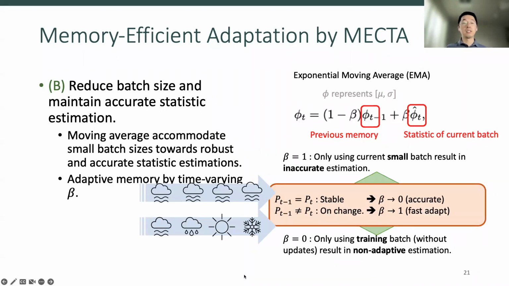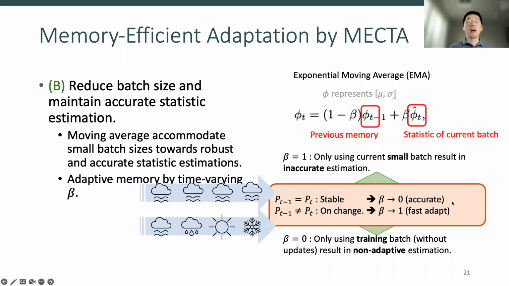Here's the intuition. First, we notice that if the distribution is stable, like say all the nodes are foggy, then the distributions from the last batch and the current batch are the same. So we say the environment is quite stable. In this case, intuitively, for a stable environment we may not need to update the statistics, because it's like a constant.